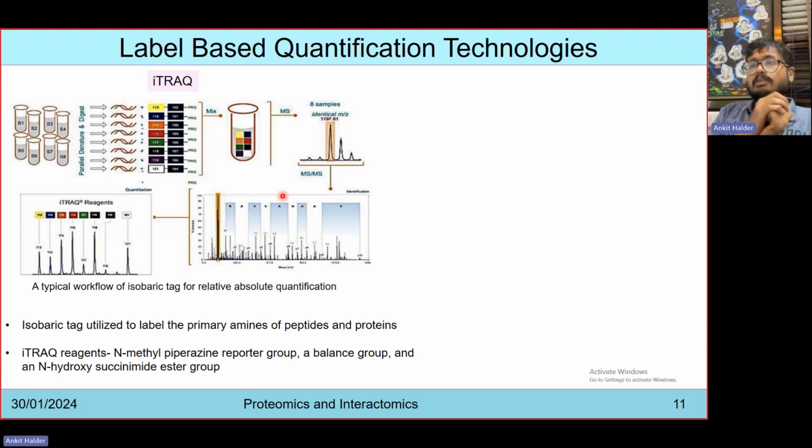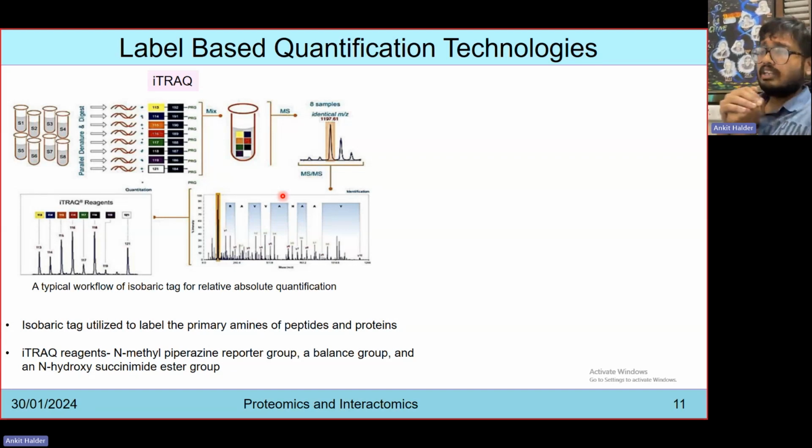After you have got the peptides, you tag them according to their sample, then mix them and run them in your mass spectrometer.